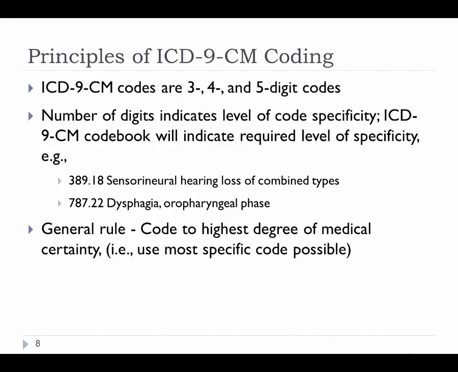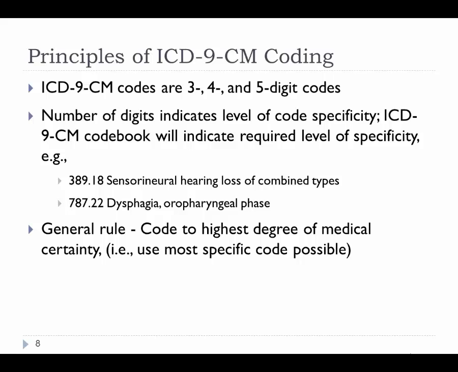A 3-digit code is to be used only if it is not further subdivided. Where 4th-digit subcategories and/or 4th-digit subclassifications are provided, they must be assigned. A code is invalid if it has not been coded to the full number of digits required for that code. In other words, use the most specific code possible and carry the code to the 5th digit when possible.